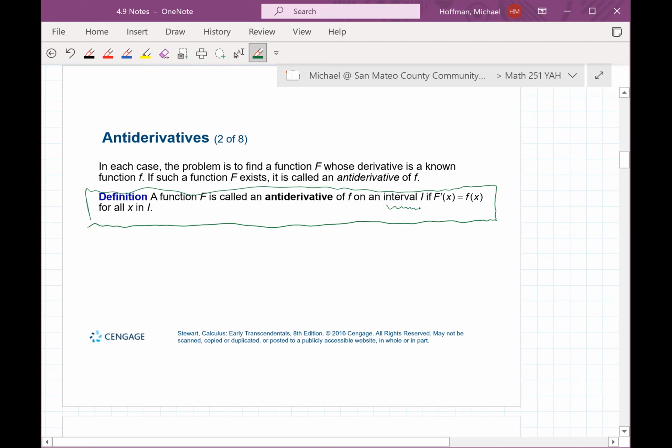Technically, we need to say that, but really it's just the function, the function capital F. We call it an antiderivative if its derivative equals the little f. So this capital F is called an antiderivative of the little f.